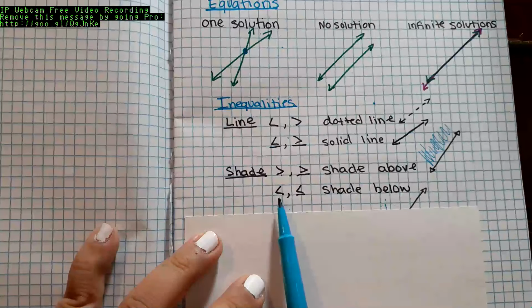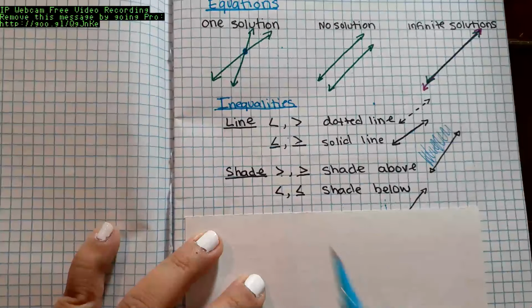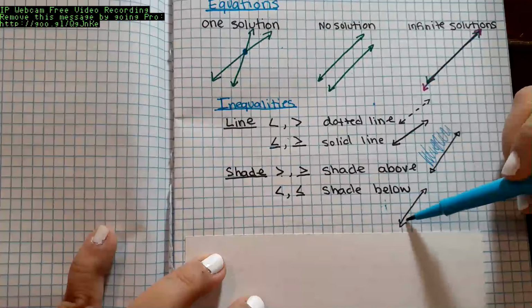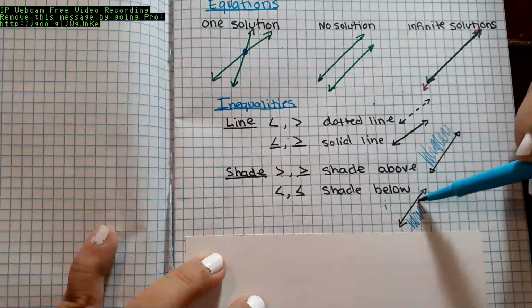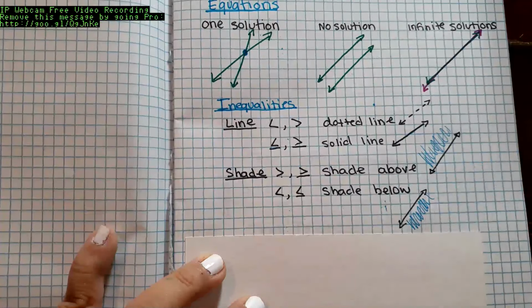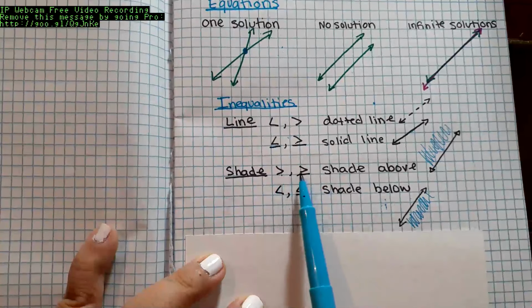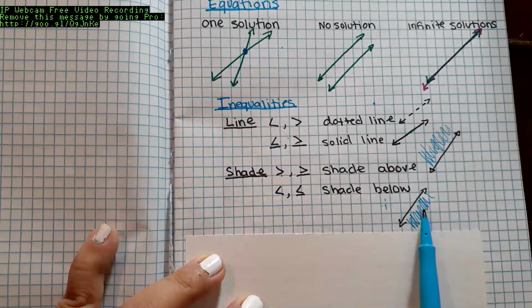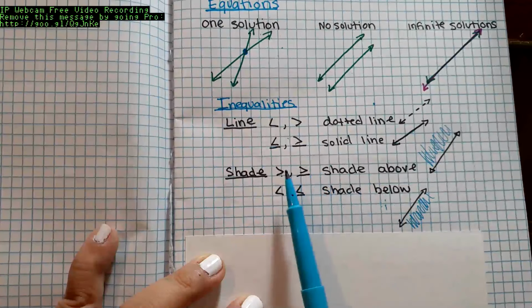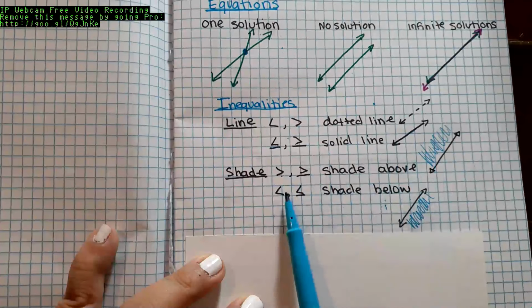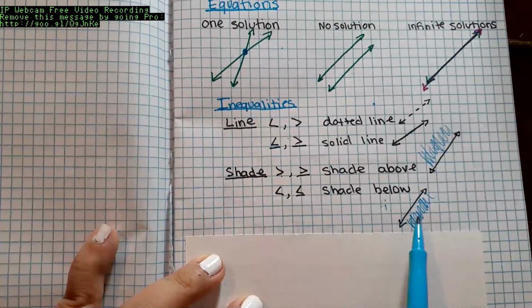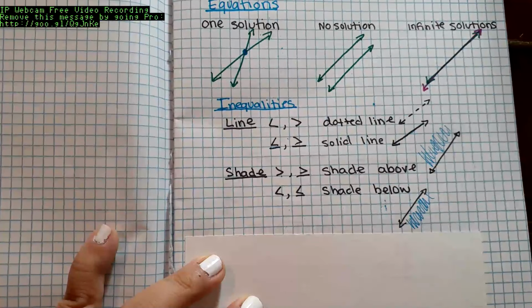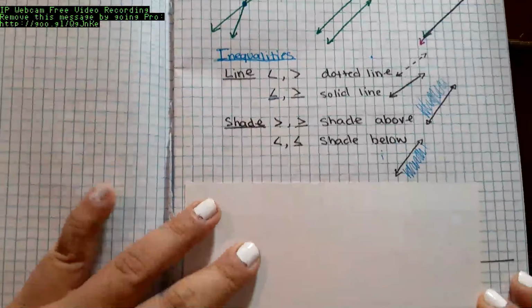For less than and less than or equal to, we're actually going to be shading below our line. Okay, so greater than, above; less than, below. That's pretty easy to remember, right? The trick is knowing where the above and where the below is.